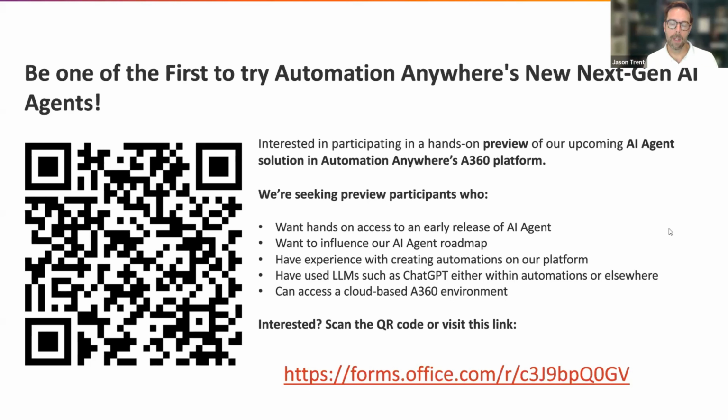But if you want to get on the list and try to get access to preview and see what this next version of AI agents is going to be like, you can take out your phone or your camera and scan that QR code. Or you can click on the link included in orange and underlined on this slide. Both should take you to a form you can fill out. Please provide your name, the name of the company you work for, as well as your email address. And once a slot becomes available, we can reach out and see if we can get you access.